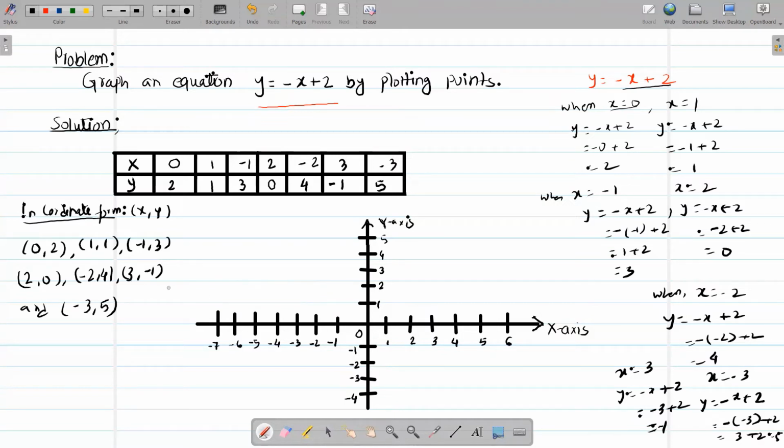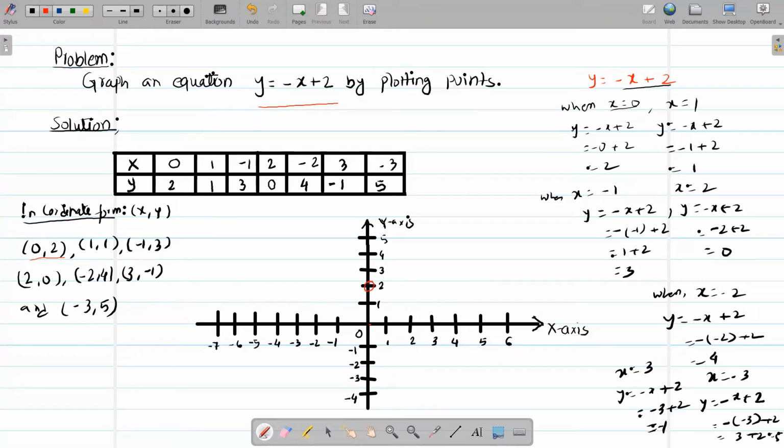Now let's see. Let's plot the first point, 0 and 2. This is 0 and 2, right? So positive and positive. We have 0 over here, and now the y-axis 2 is this.